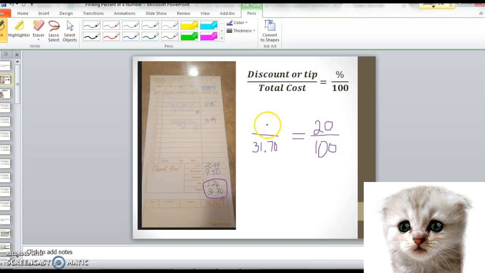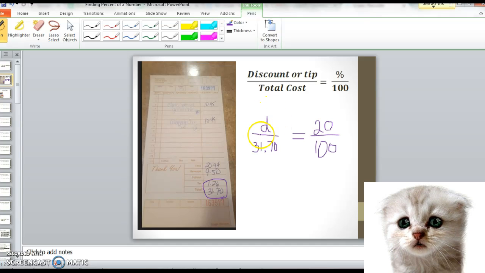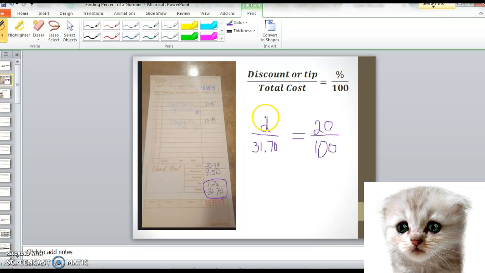Now that leaves a blank space here. We're going to use the letter D to stand for something that we don't know. In math, we call this the unknown. I don't know what 20% of the total cost of my bill might be, but I'm going to apply it to the equation to solve.